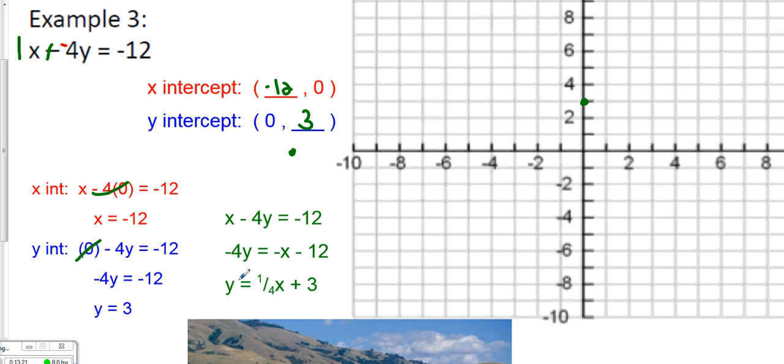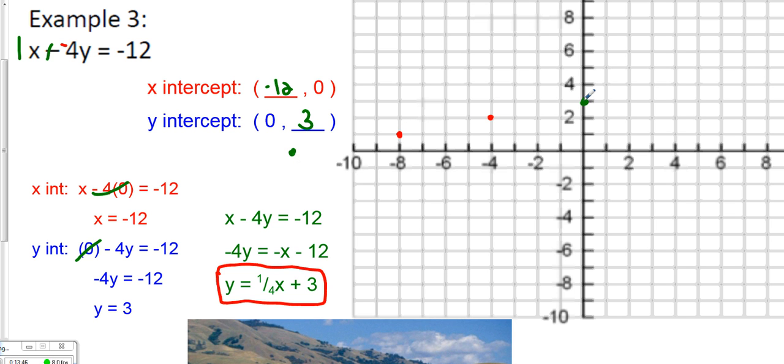So looking at our slope-intercept form, what is this saying? It's saying every time we go from one dot to another, it's up 1 over 4, up 1 over 4. And where does it hit the y-axis? At 3. Well, we already found that. It's at 3. Let's work from left to right, and we'll go up 1 over 4, puts us right here. Up 1 over 4 puts us here.